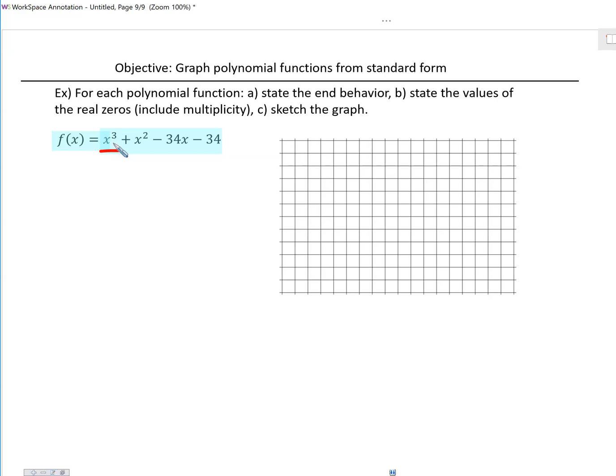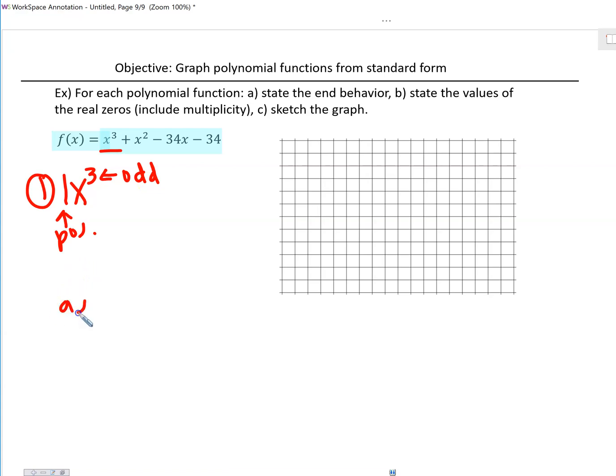In standard form, that term will be in the first spot, but if it's not actually in standard form, then it doesn't have to be. So if our first term is x cubed, then we have an odd degree exponent, and our leading coefficient is a positive 1. So that means our right end goes to positive infinity, and because our function has an odd degree, the other end goes the opposite direction.